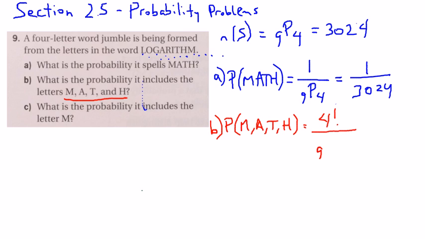And of course it's out of 9p4. 4 factorial is 24 out of 3024. So I think that reduces to 1 over 126. Let me just check that. Yep, that's right, 1 over 126.